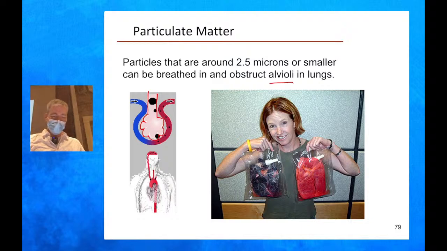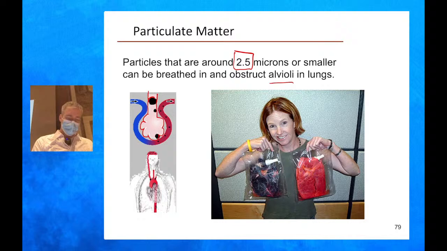What can happen is if you have particulate matter, little solid, insoluble particles on the scale of around 2.5 microns. A micron is about 1/1000th of a millimeter, so these are very, very small particles present in cigarette smoke.